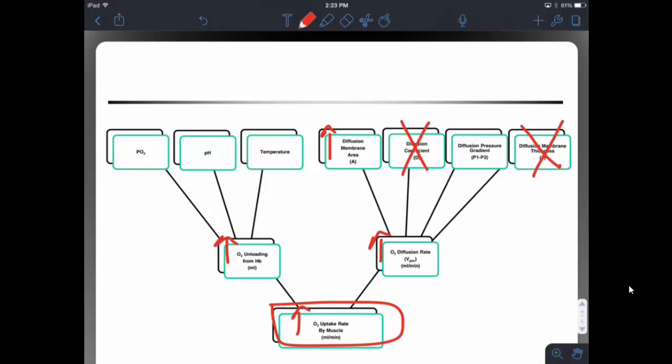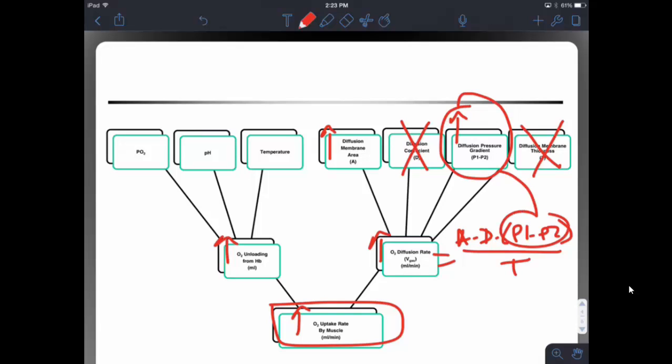On this recording, we're going to talk about the factors that affect diffusion rate through pressure gradient, because remember that V gas is A, D, P1 minus P2 over thickness. So we're going to talk about this one, and we're also going to talk about the factors that affect oxygen unloading.